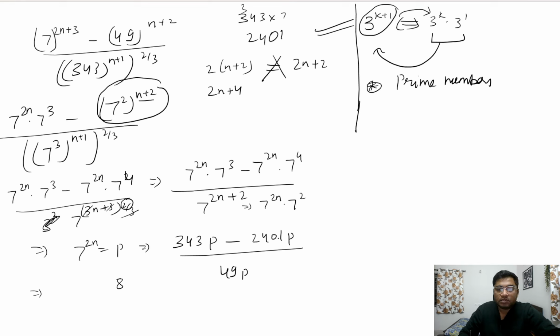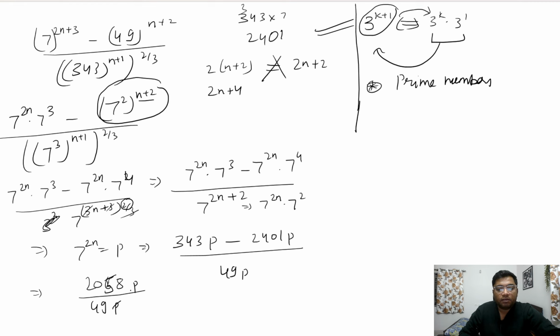All right, so we're going to solve this. 11 minus 3 is 8. 10 minus 4 is 6. So this is what we have, I believe. 343 minus 2401, which is negative 2058 over 49p.